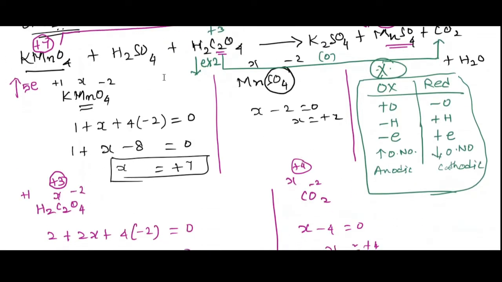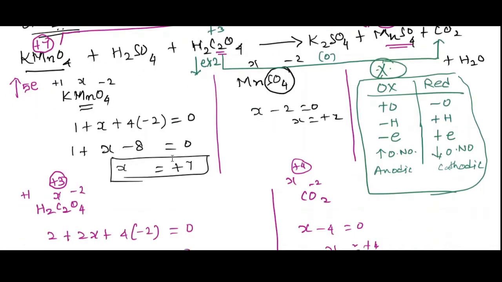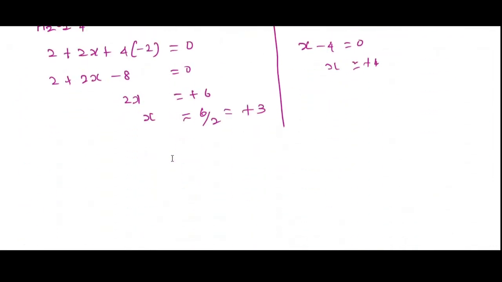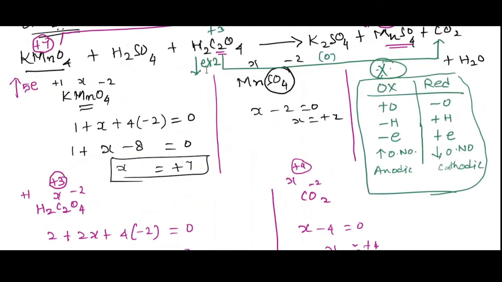Now let us come back. The next step is that we need to multiply these two, that is 5 electrons and 2 electrons. We have to crisscross, that is, exchange, not multiply, the number of electrons.